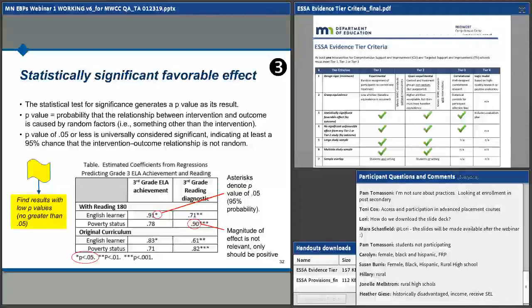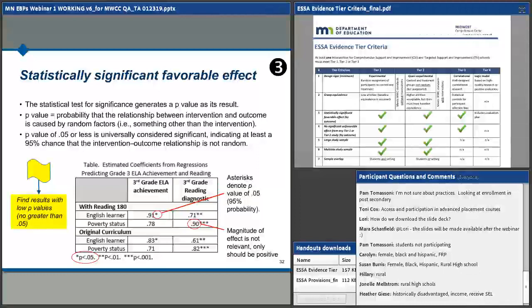So you see that the relationship between p-value and likelihood is essentially inverse. You subtract the p-value from the number 1. So if you have a p-value of 0.05, 1 minus 0.05 is a 95% likelihood that this relationship is not random. You see a p-value of 0.01. 1 minus 0.01 means that there is a 99% chance that this relationship is not random.